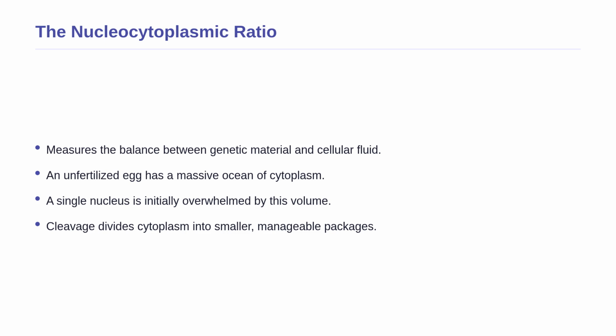Because the total volume of the embryo does not change during cleavage, the process of dividing the cell over and over effectively chops that massive ocean of cytoplasm into smaller and smaller packages. Meanwhile, a brand new nucleus is synthesized for every new cell, rapidly restoring the balance between the genetic command center and the fluid it needs to control.